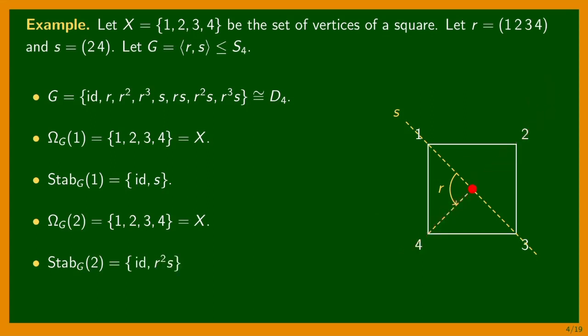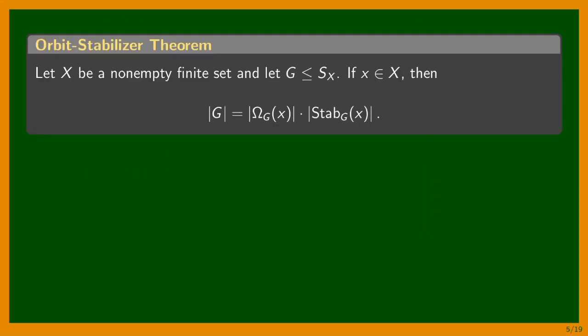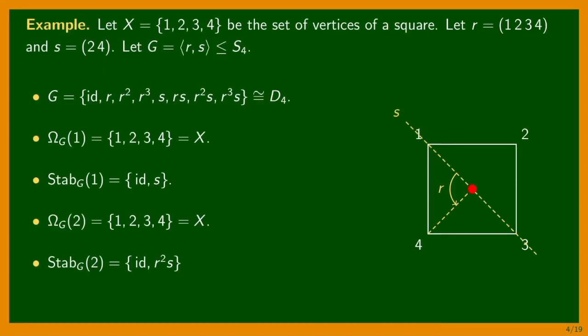R squared S ba yan? Yes. Naalala niyo yung drawing ko kanina. Yeah. So, yun na. Tingnan nyo to. Ilan laman ng G-orbit ng element? 4. Ilan laman ng stabilizer niya? 2. 4 times 2, 8.